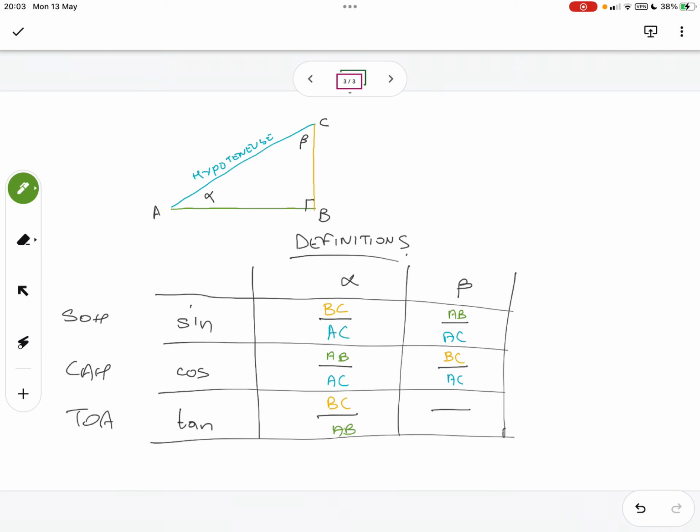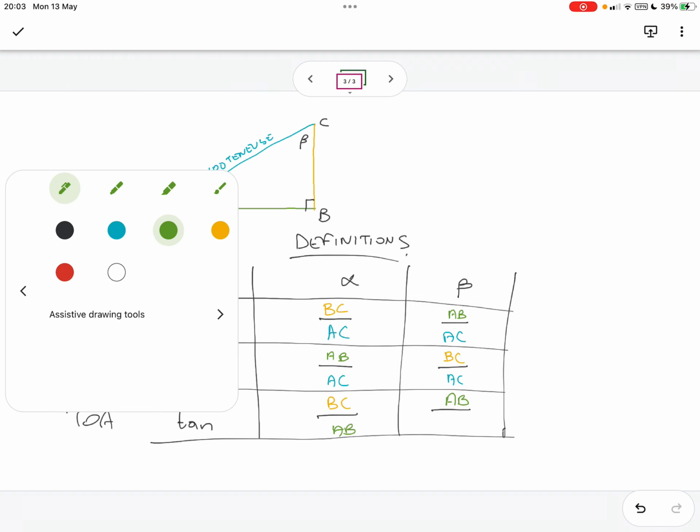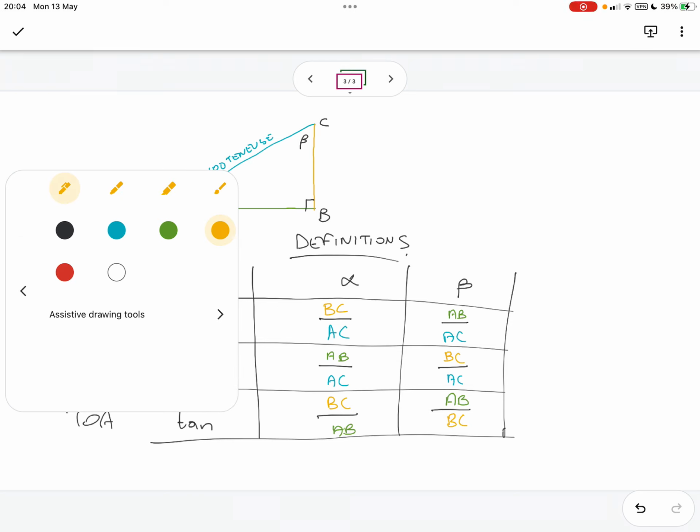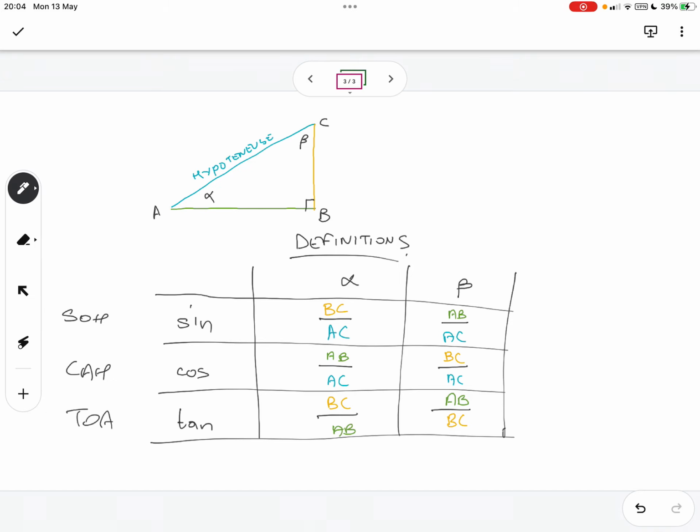For tan beta, which side is opposite? It's AB. And which side is adjacent to angle beta? BC. All right. I want you to notice a pattern. Can you see what that pattern is in this table? What's the pattern?